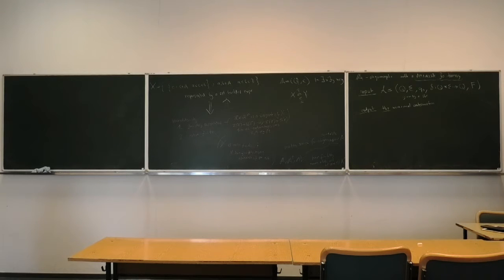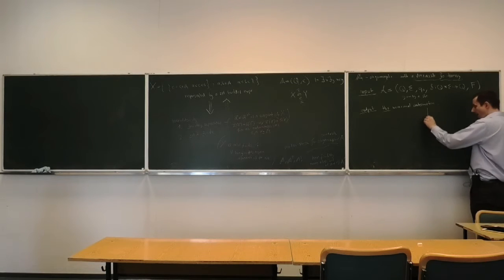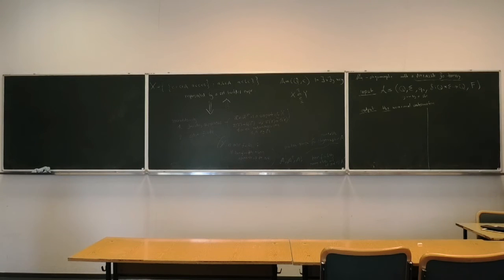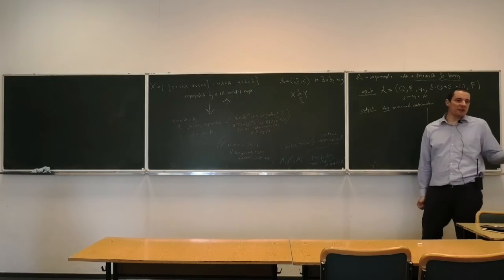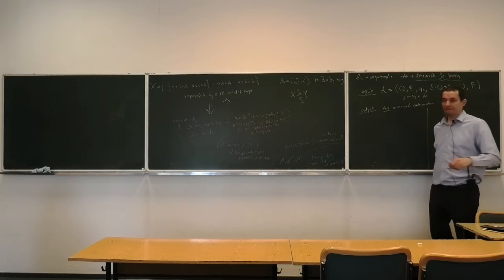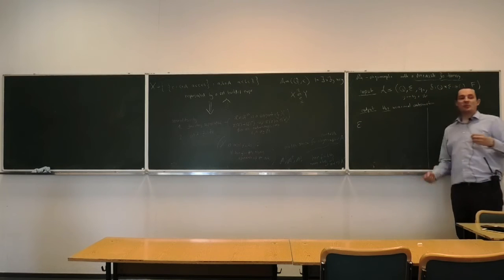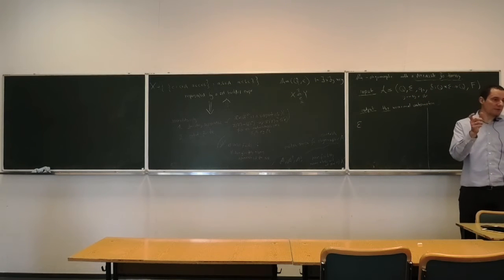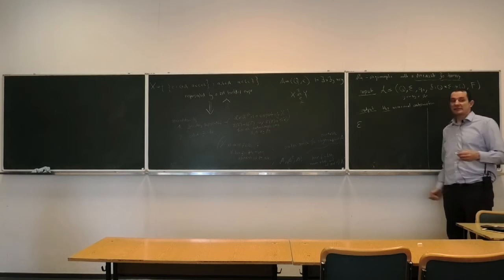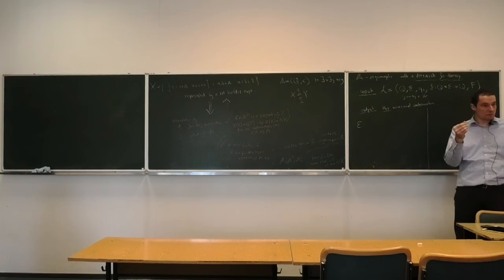So let me just do the algorithm. It's the stupidest algorithm you could imagine. It's the usual, I think it's called the Moore algorithm. I start off with, generally speaking, my target is to consider states which are equivalent in the sense that they accept the same words.